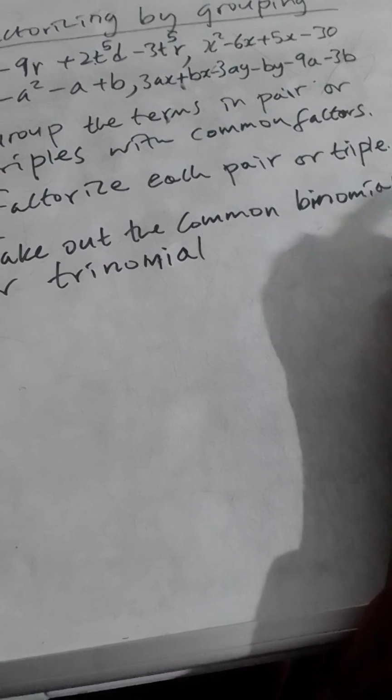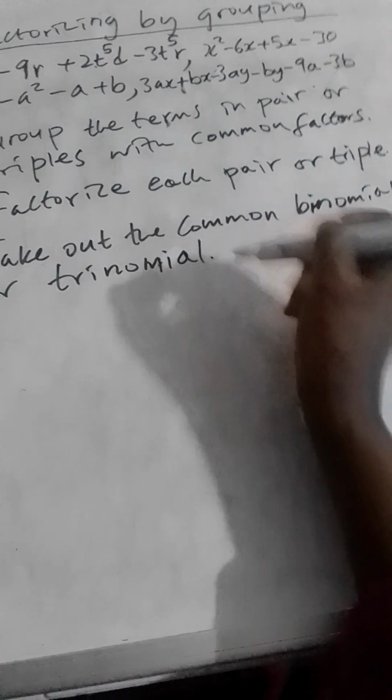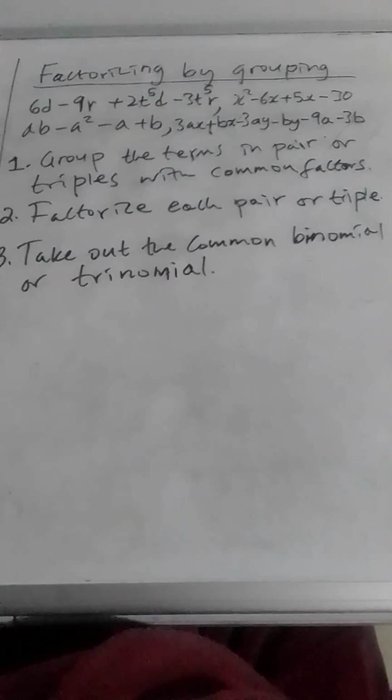Take out the common binomial or trinomial. You are done. So those are the 3 steps.